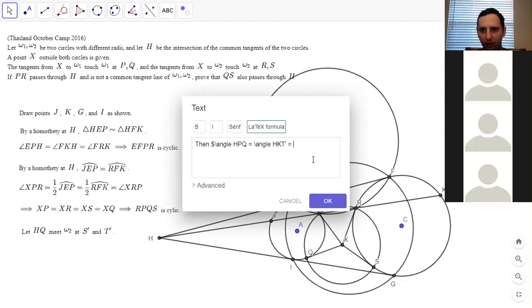Inversion would really give the same idea.